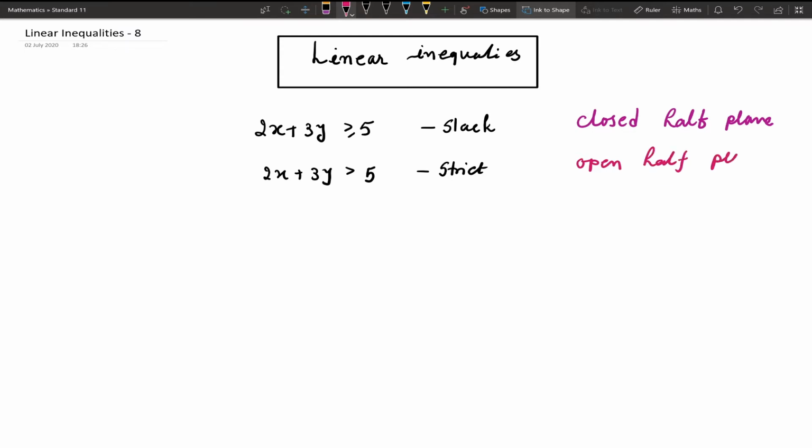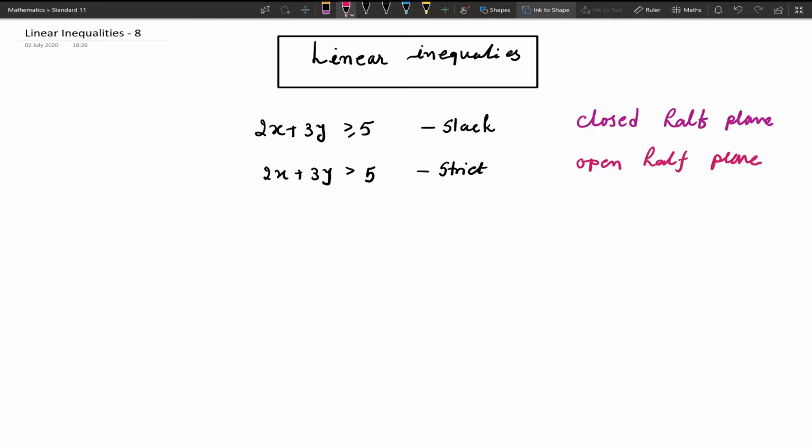Note the difference between these two. For slack inequality, we use closed half plane because points of the line are also in the solution, while in the case of strict inequality we have to omit points of the line. So in such cases we use open half plane.